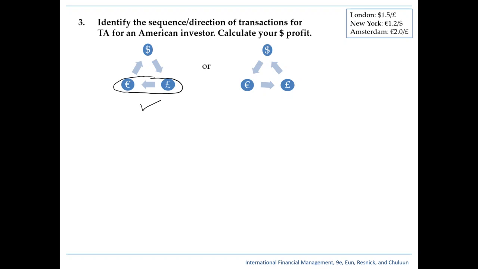So if you're an American investor, you're obviously starting with dollars, so you want to start from dollar and end up with a dollar. So this would be your sequence of transaction, and this is how we're going to make money. So let's take a look at how this will exactly work. So first thing you're going to do is you are going to sell your dollars and buy pounds in London.